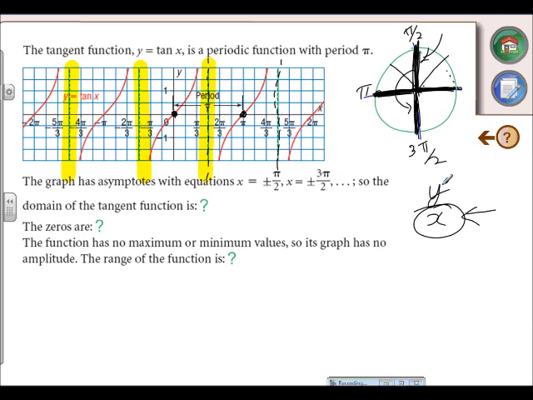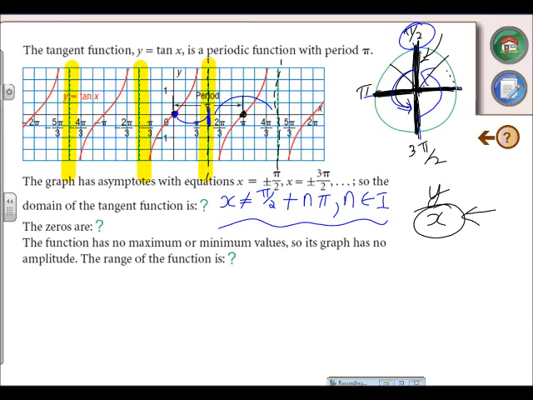So the domain at this point is going to be anything except where the asymptotes are. So finding the asymptotes is the same as finding the domain. We're saying that x cannot equal, well, follow the same thing. Find the first asymptote, which is pi over 2, and how often is that going to happen? Pi over 2 and every pi, so any multiple of pi, n an integer.